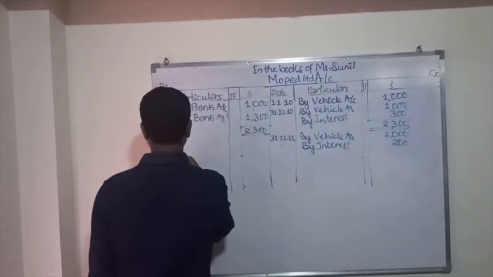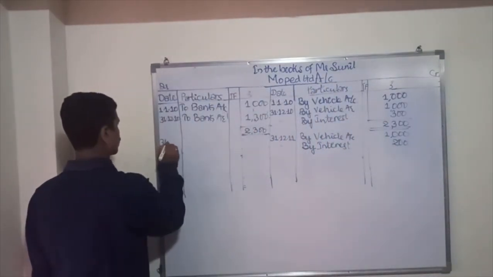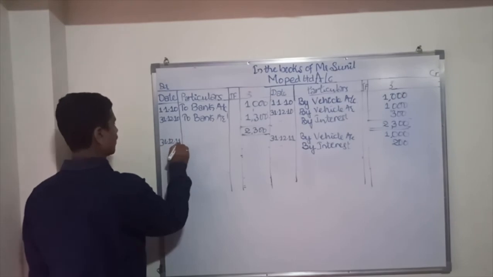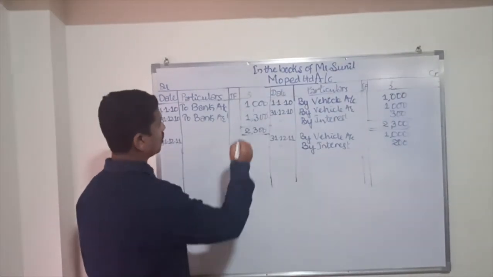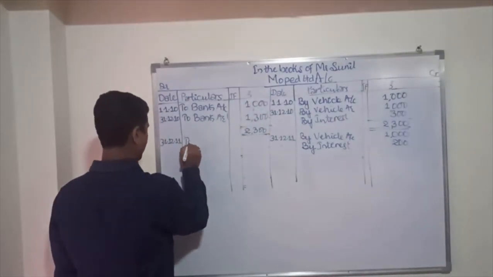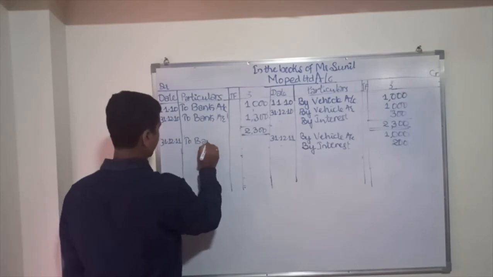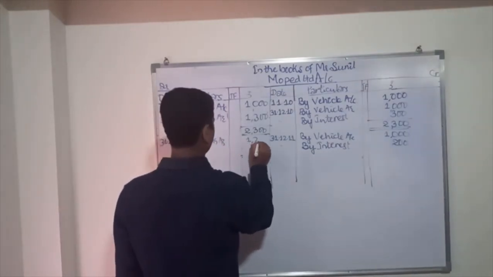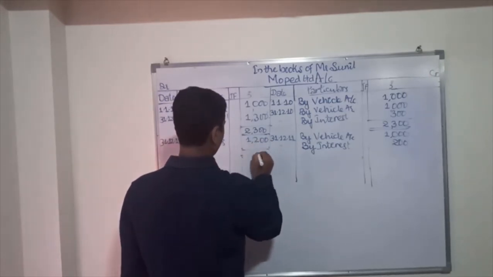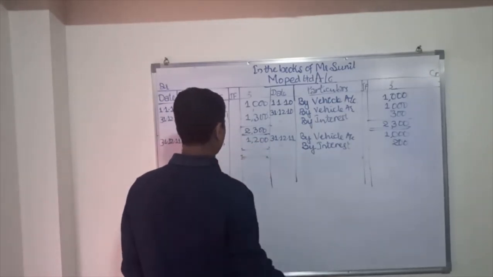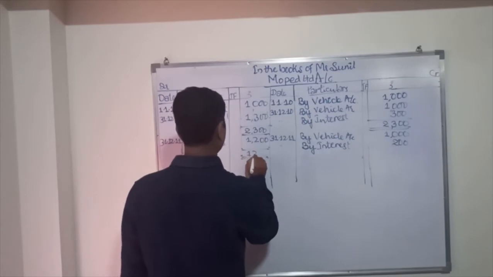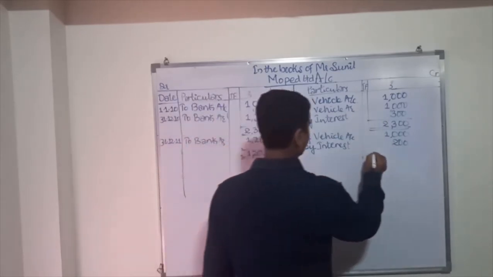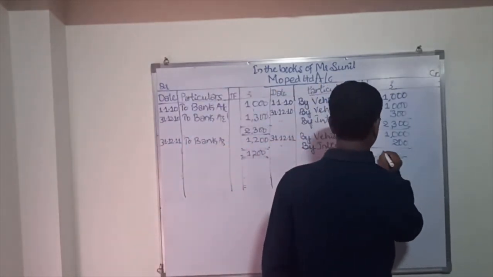So when the second installment is paid on 31/12/2011, then the entry Moped Limited account debit to bank account here. So Moped Limited is debited with bank account. So the second installment paid is 1200. So when you take the total here, it will be 1200.